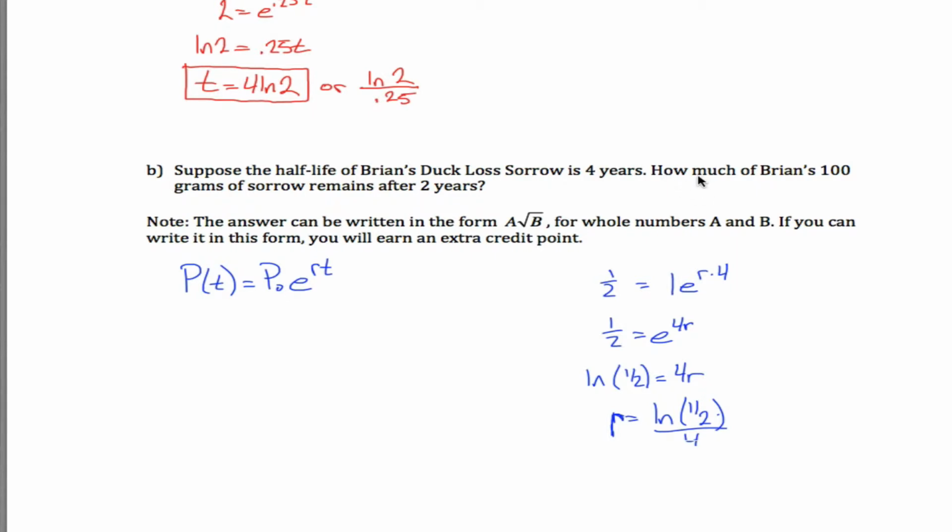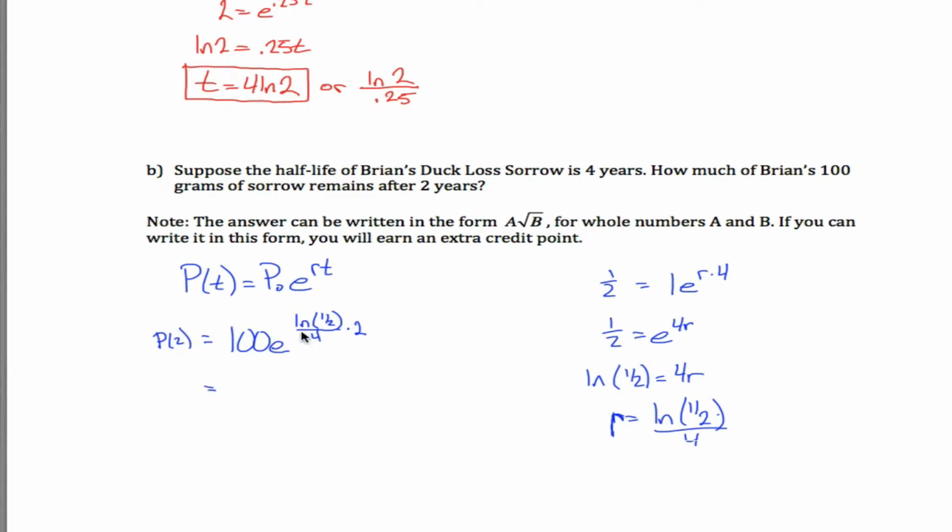So in this problem, it's saying how much of Brian's 100 grams remains after 2 years. So if you start with 100 and your rate is this mess, the natural log of 1/2 divided by 4, copying this rate from down here, when your time is equal to 2, so r times t would be that thing times 2, the question is, how much remains?